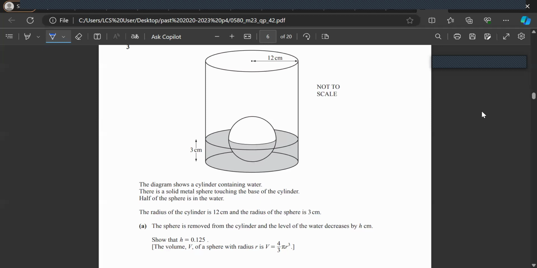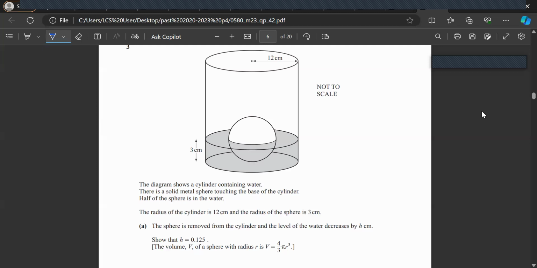Okay, how will it go down? Look here. Like Archimedes said, whenever I remove something from the water, the volume of the thing that is removed equals the volume of the water that decreased. And also the same if I have a cylinder containing water and I put something in it: the volume of this thing will equal the volume of the water increased.